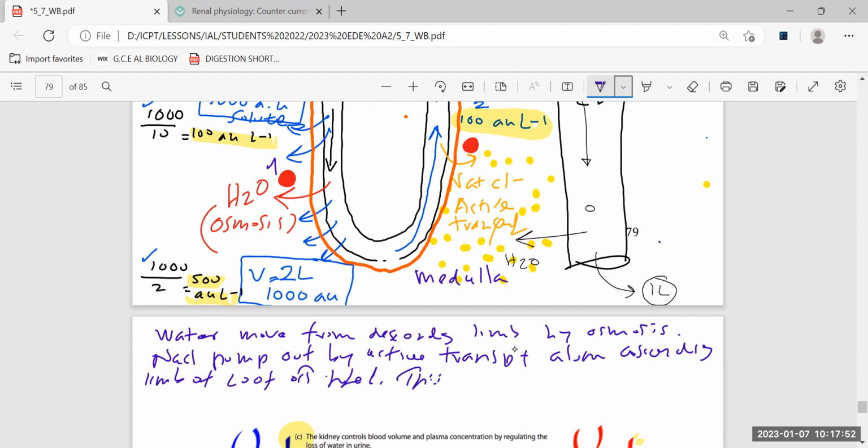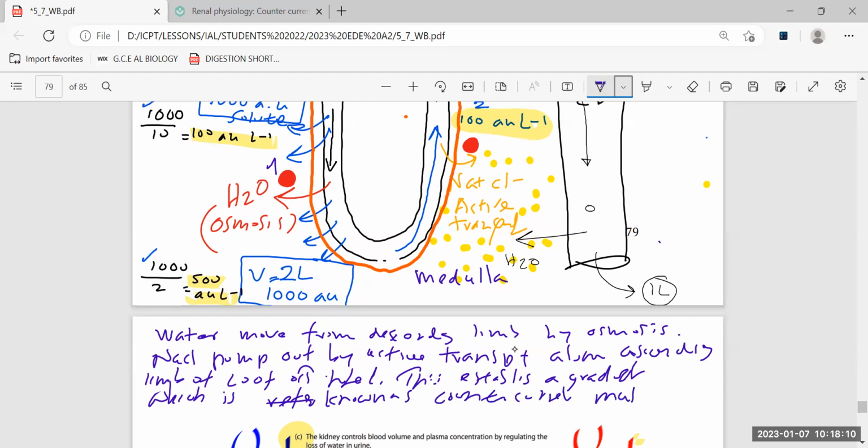This establishes a gradient which is known as the countercurrent multiplier mechanism. Right?